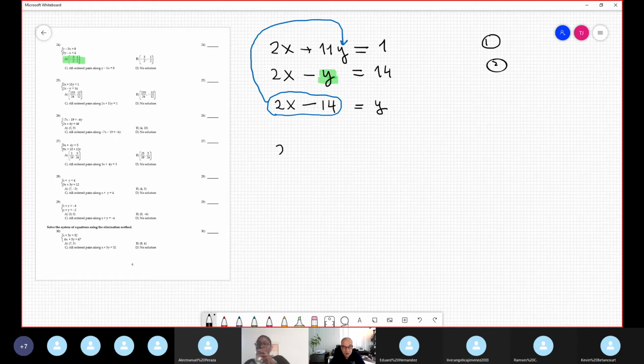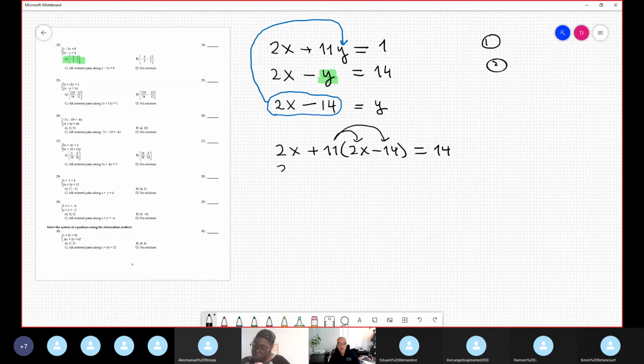So you have 2x, I copy, plus 11 times, parenthesis, 2x minus 14, equal 1. Okay, now you apply distributive property. 2x plus 22x minus, and your multiplication, 11 times 14, of course, using the calculator. 11 times 14 is 154, equal 1.